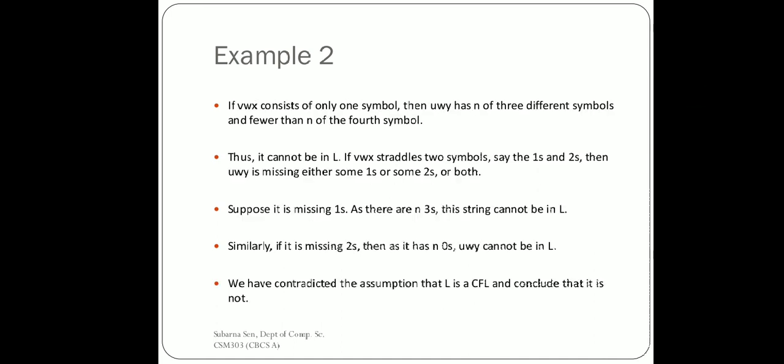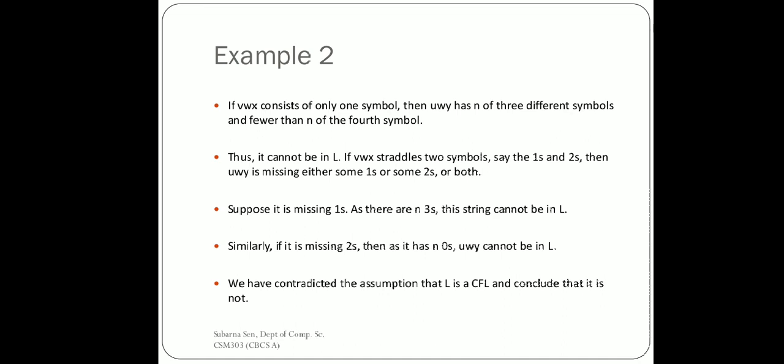Say if vwx has two symbols, say the ones and twos, then u, w, y is missing either some ones or some twos. We are following the same pattern as before. We consider that the part in between does not have these two pairs.